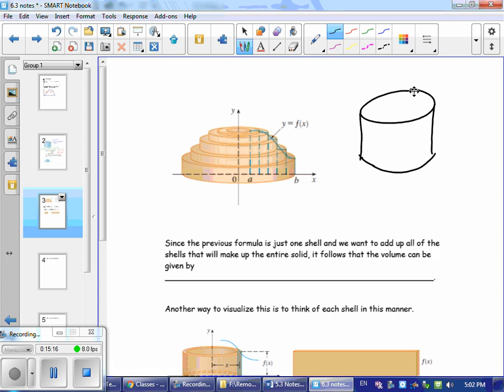Well, then if I take another cylinder and I put it in the middle of the first cylinder, basically so that it fits perfectly on the inside, take another shell, line it on the inside like that, and then I were to take another shell, maybe the shell now is a little bit taller, but it still fits.